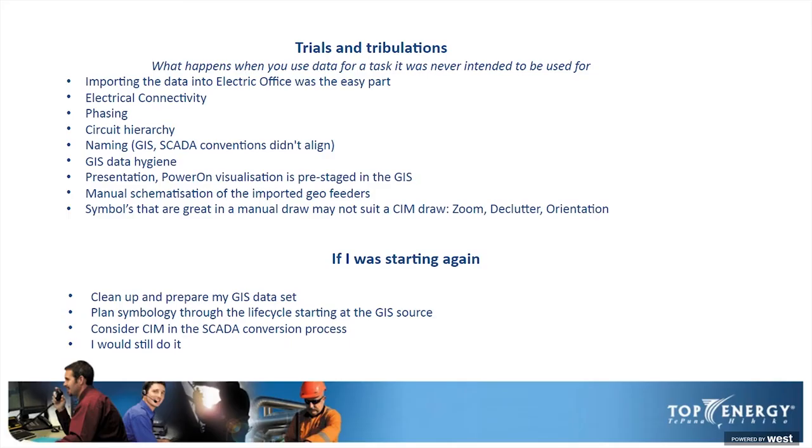There was no clarity around that at the start. The symbology needs to be thought through a lot better than I've thought through it myself for this. And it needs to be considered right back at the SCADA import cycle of the process, because we could actually lay down some of those SCADA symbols instead of manually drawing them in the import process if we do it.